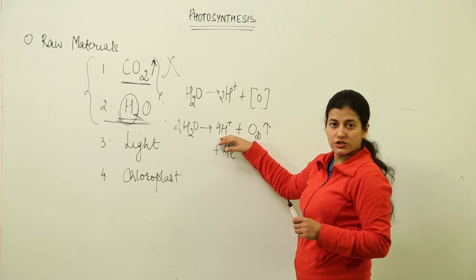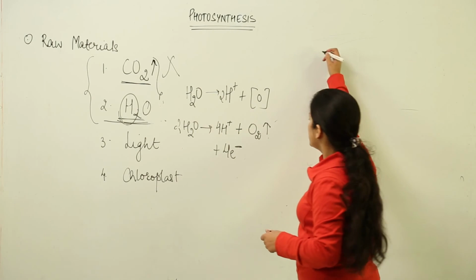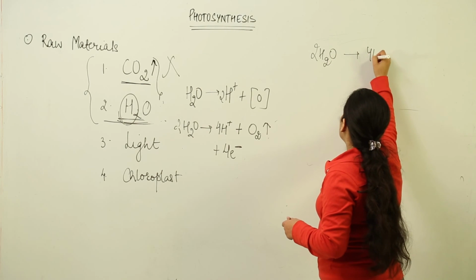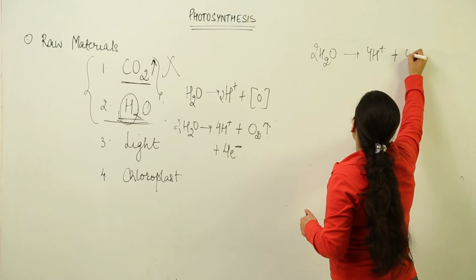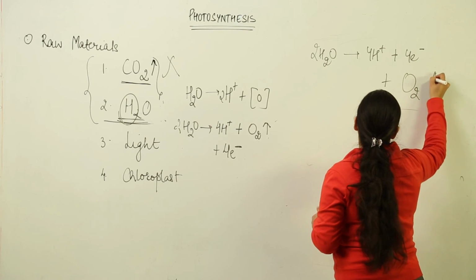The hydrogen ions are generated, molecular oxygen is being liberated. So this is the equation I am going to write over here: the water molecules would break down to protons, electrons of course, and the molecular oxygen would be liberated.